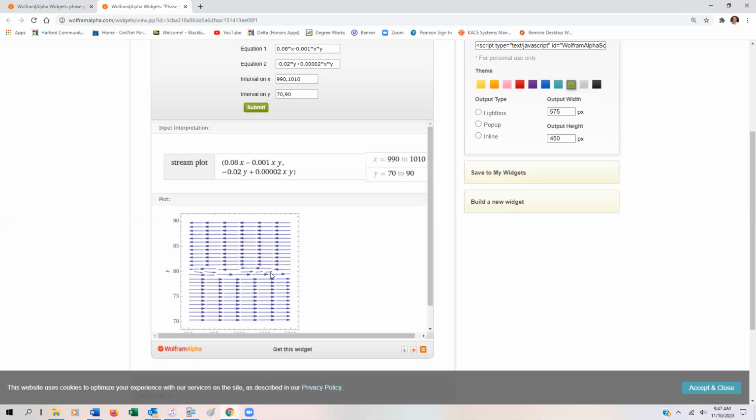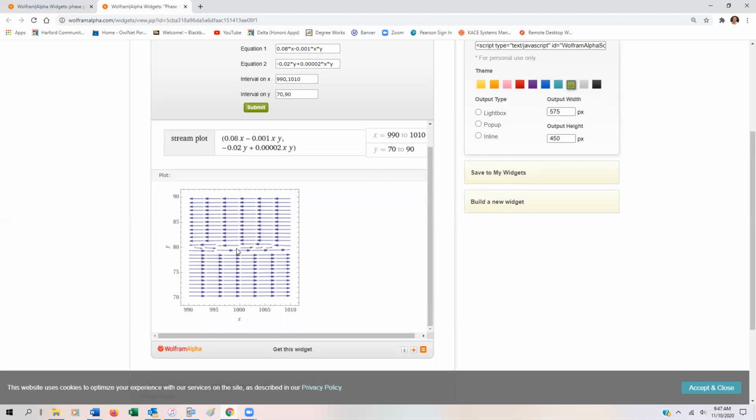Again, we get kind of like around this point where 1,000, 80 occurs, we start getting this sort of divergent behavior. We can see the arrows go left, the arrows go right, the slope's almost 0, which you can notice from each of the arrows, which is really cool. Because remember we said that the closer we get to 1,000, 80, the closer the equilibrium is. So that basically means there's going to be very little change.